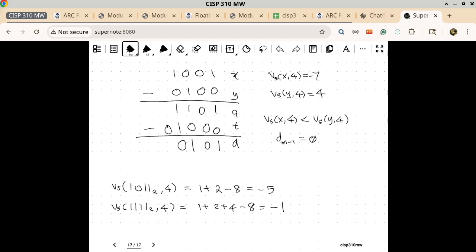What we are now learning is that if the result of a subtraction is out of the range of the number of bits you're given, then the sign bit of the difference no longer tells you whether x is less than y. It is telling you the opposite. Is that okay?